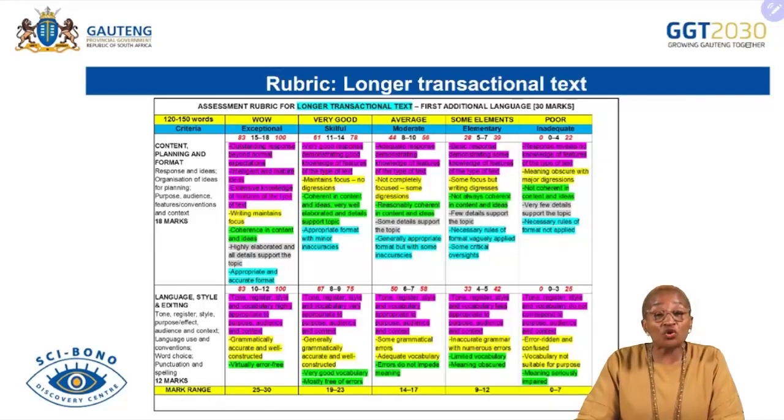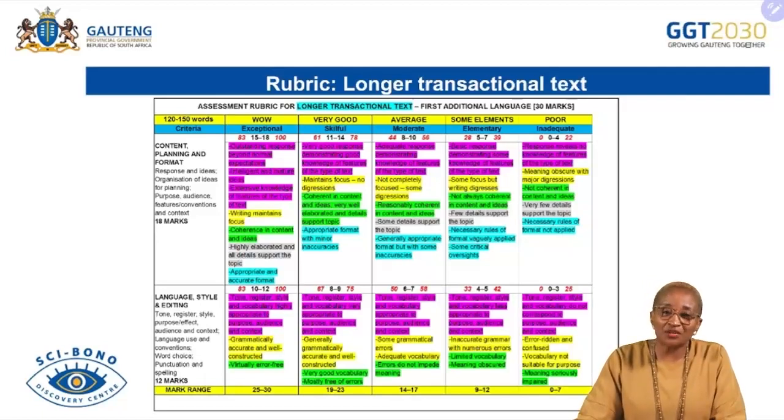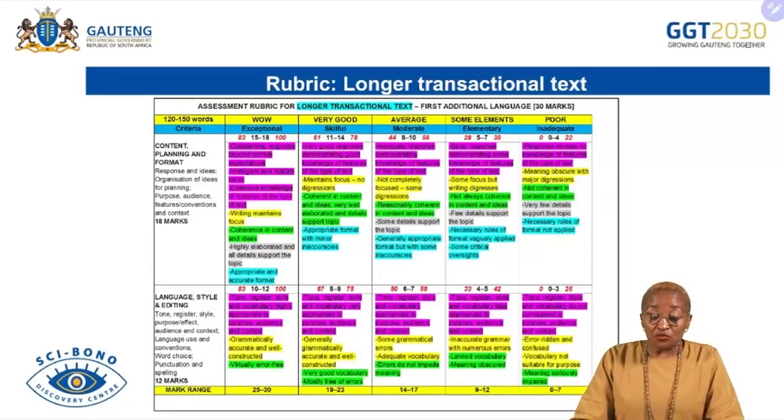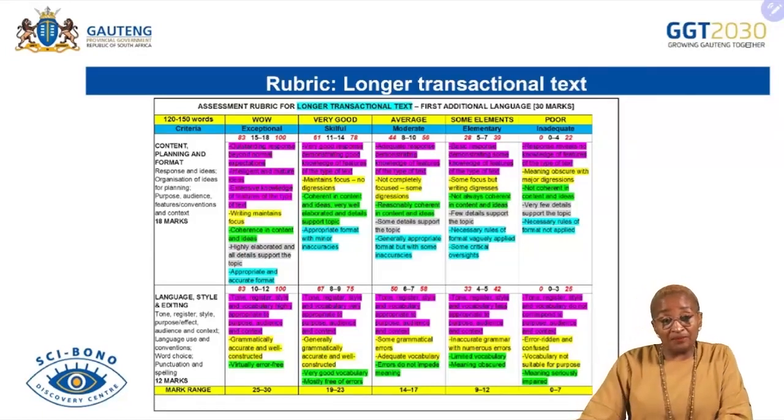The rubric on its own enables you to write what is expected of you. Whereas, if you don't understand the rubric, there's no way that you would give us a good piece. So let's have a look at the rubric and understand exactly how this is being used.